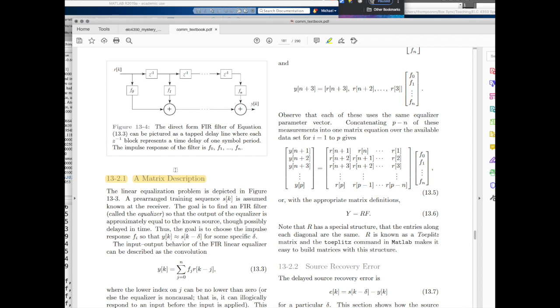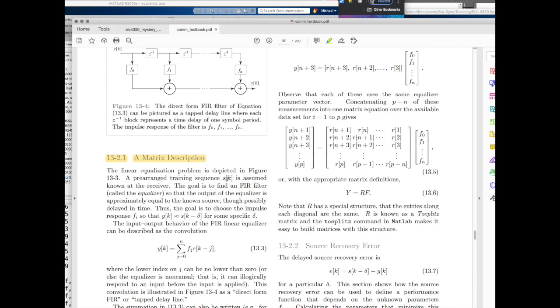There are lots of other techniques out there for doing equalization. We're not going to cover all those in great detail. Just like a lot of things in this course, we take a little bitty peek into some of the detailed math on how a communication system would work, and then we move on and realize that in reality, things can be more complex or more sophisticated so that we get better results.